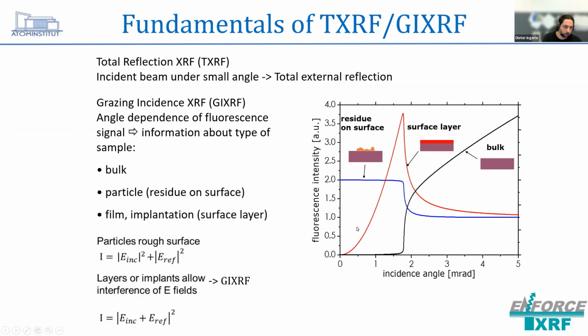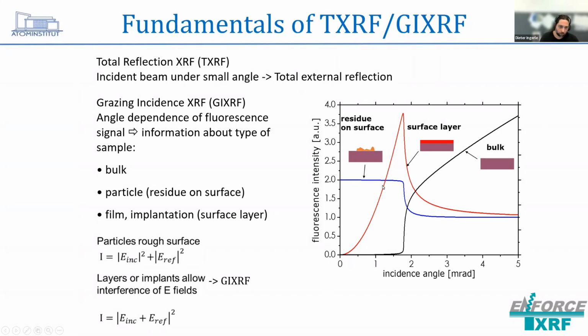So in Tracing Incident XRF, we are using that this angle-dependent curve shape changes depending on which type of sample you have. As I said, if we have the bulk substrate, we have a curve shape like this, so we can clearly see, okay, it's totally reflecting in this area below the critical angle. And if we go above the critical angle, we start to penetrate deeper and deeper into the substrate.